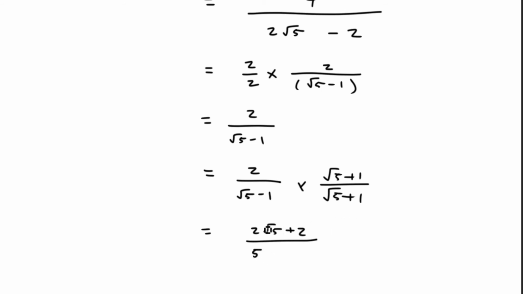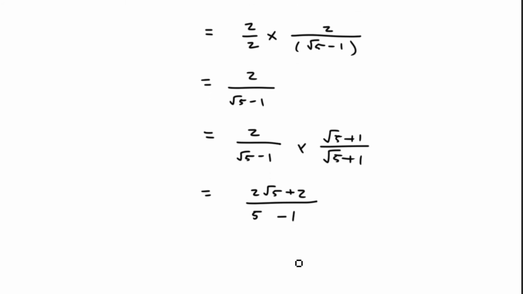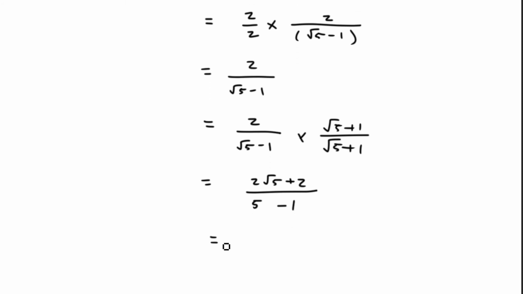We will have a plus root 5 and a negative root 5, which will cancel out. Once you are more familiar with these questions, it's perfectly acceptable just to not bother writing those two terms down. But we will have the negative 1 times 1. We'll have a negative 1. So we have 2 root 5 plus 2 divided by 4, which simplifies to root 5 plus 1 over 2.